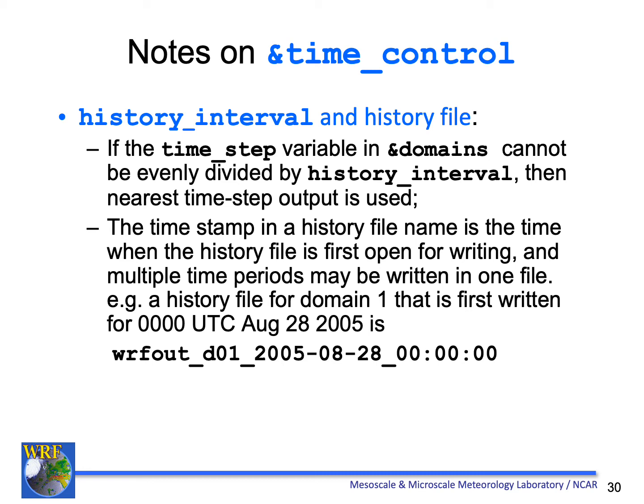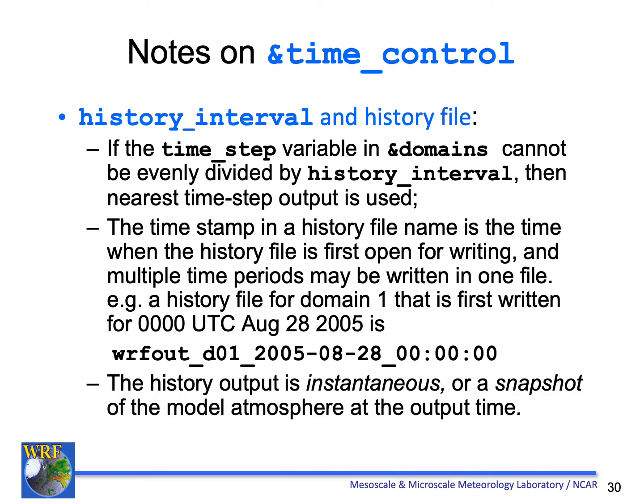The timestamp in the history or WRF file name is the time when the file is first opened for writing. One can write a single or multiple time periods of model output in a WRF file. The data written into the history file is a snapshot of the model atmosphere at the time of output.